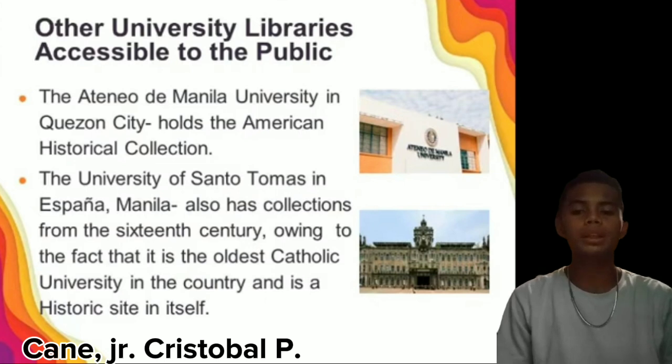There are other university libraries accessible to the public, like the Ateneo de Manila University in Quezon City, which holds the American Historical Collection, and the University of Santo Tomas in España, Manila, which also has collections from the 16th century, owing to the fact that it is the oldest Catholic university in the country and is a historic site in itself.